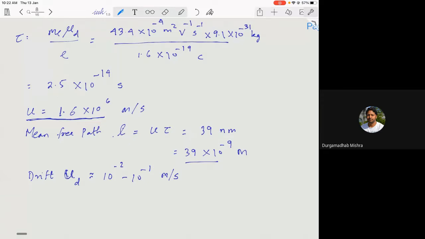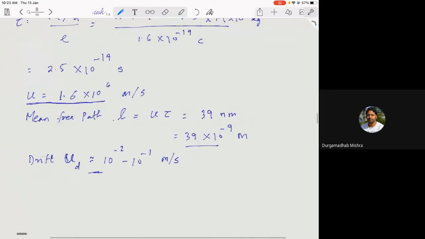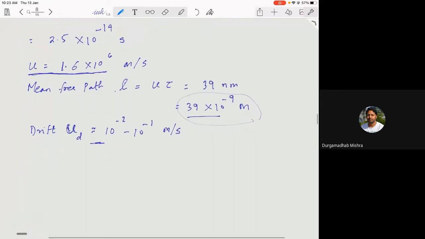So the mean free paths are very small. The scattering can happen due to lattice vibration or anything, but it scatters really fast, and it doesn't travel a far distance either. So even if you add this extra term here, it will not change the order of this value.